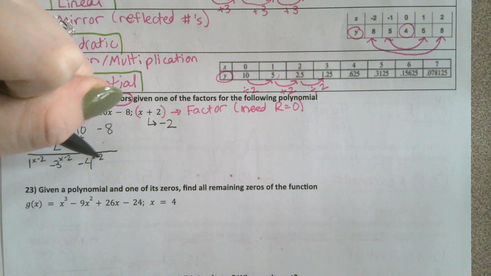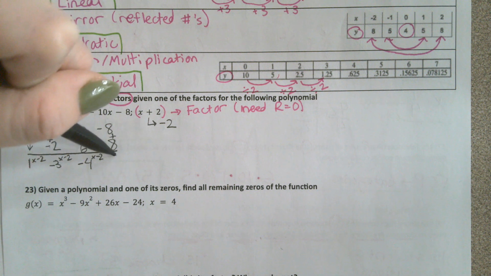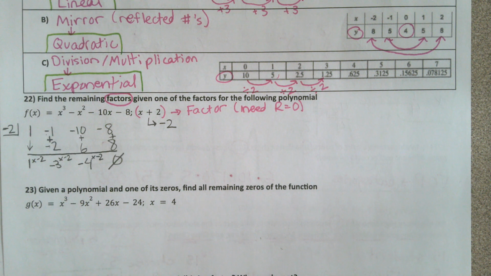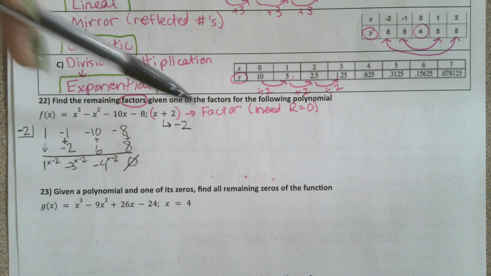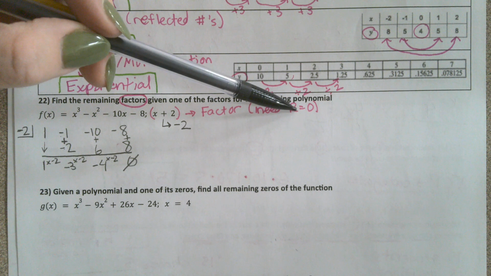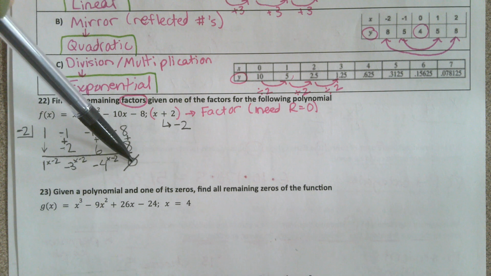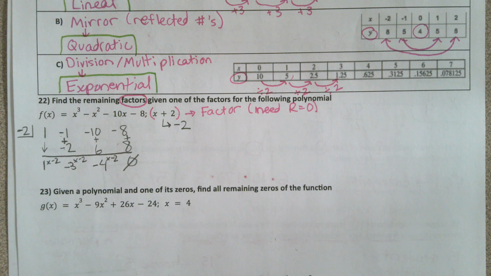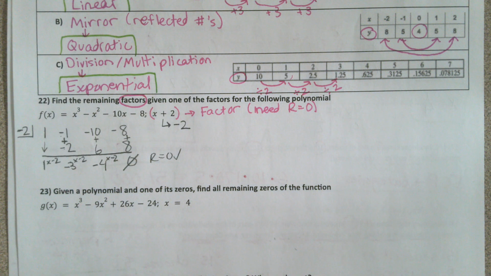Times -2 is +8, which is what we needed to get a remainder of 0. Reminder, it tells you that we are given a factor. For it to be a factor, that means the remainder must be 0. So if you get through the synthetic division and you don't get 0 here, that means a mistake has been made. All right, so we have confirmed that the remainder is 0, so we can continue.